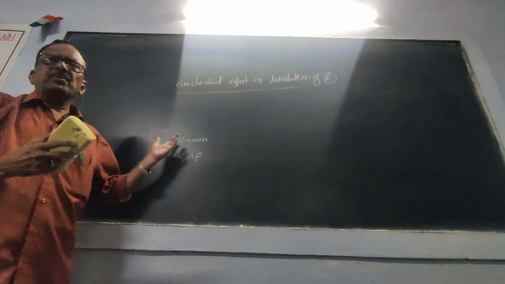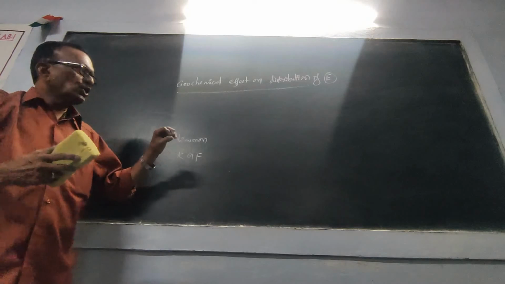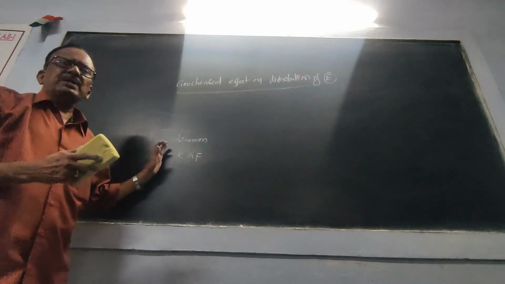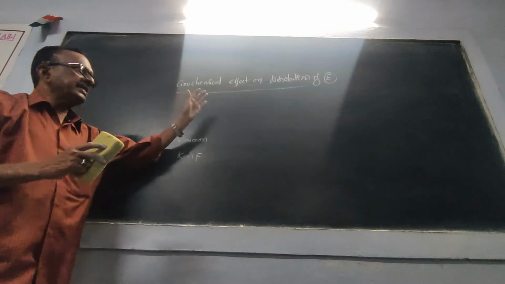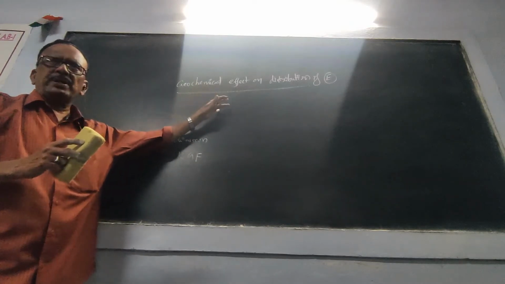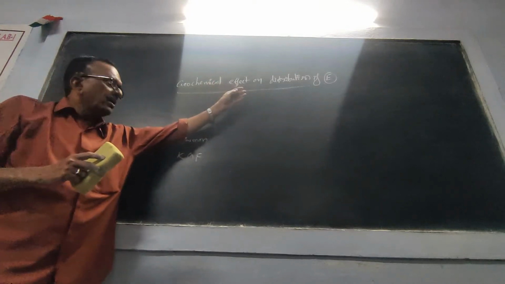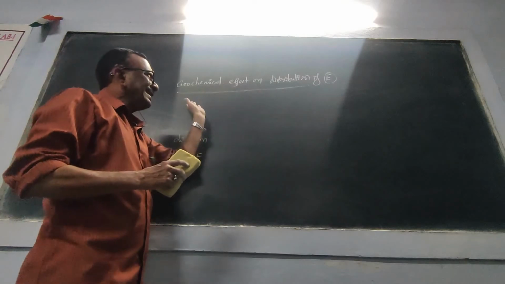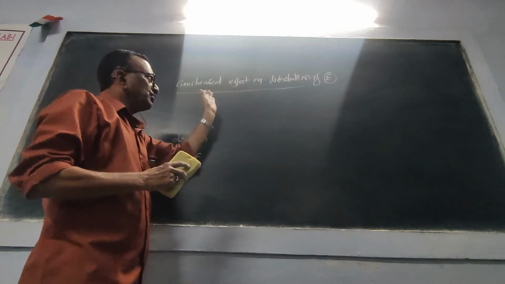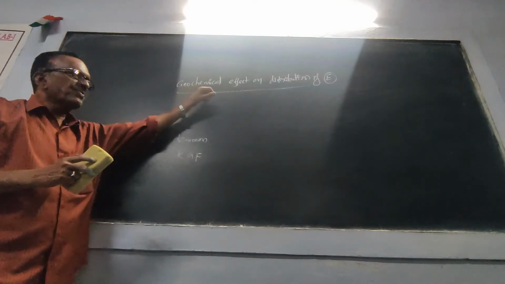And at other places, the amount is very, very less. So why are these elements distributed unequally? Why is it happening? What is that geochemical effect that is influencing this distribution of elements? So migration or distribution of elements is influenced by this geochemical effect.